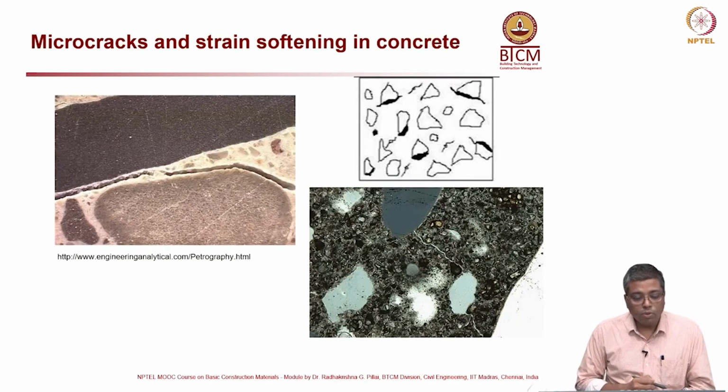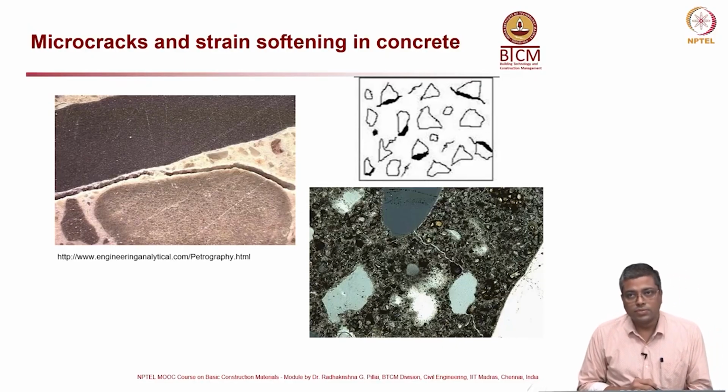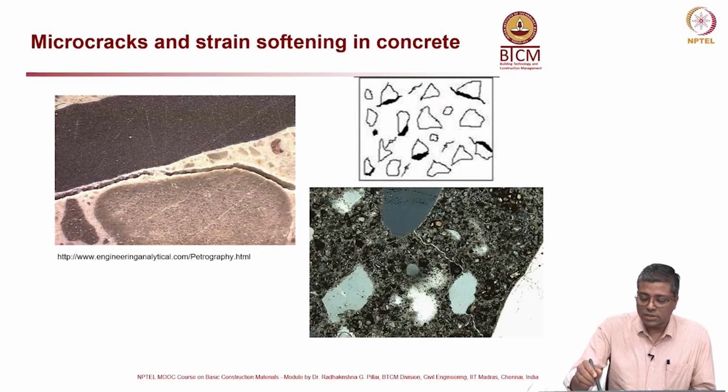Now, why does it happen? Because in ceramics you might have a lot of cracks. As you see, this is a sketch of concrete on the top right. You can see all these particles like aggregates, and then you have small micro cracks, and some bleed related gap between the aggregate and the cement.